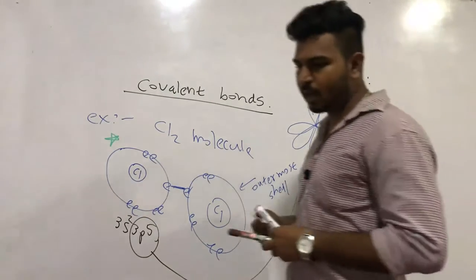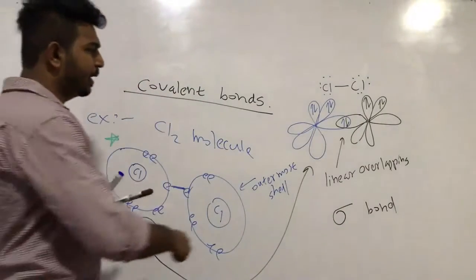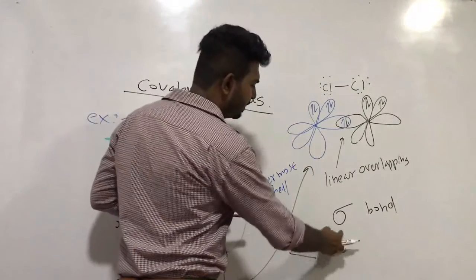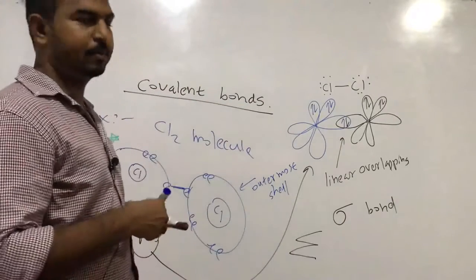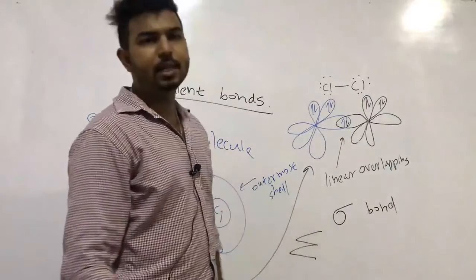You know what the sigma mark is? You had capital sigma in your mathematics, but this is simple sigma. It's called a sigma bond.